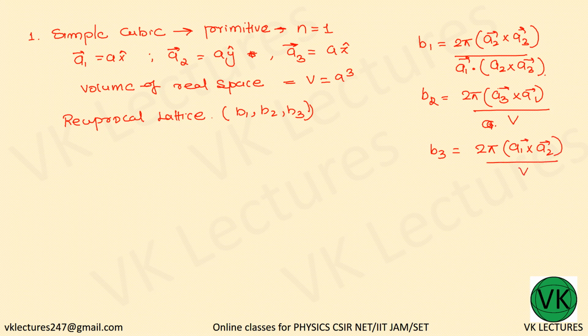So by applying the b1, b2 and b3 formula, given a1 equal to a x cap, a2 equal to a y cap, and a3 equal to a z cap, we will get b1 equal to 2 pi by a into x cap, b2 equal to 2 pi by a into y cap, b3 equal to 2 pi by a into z cap.